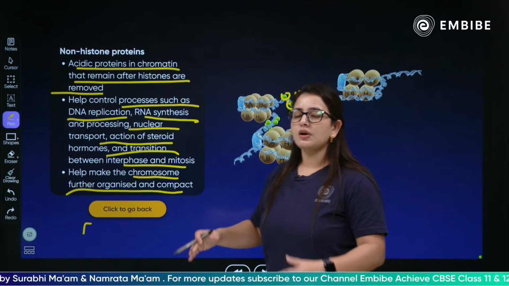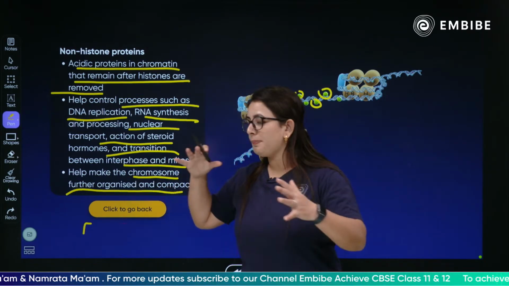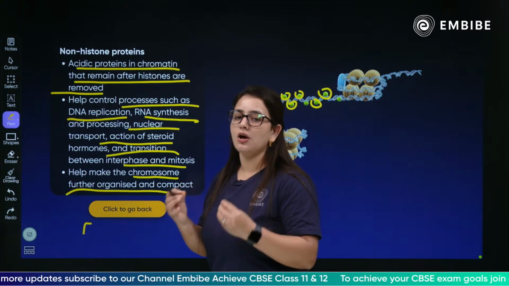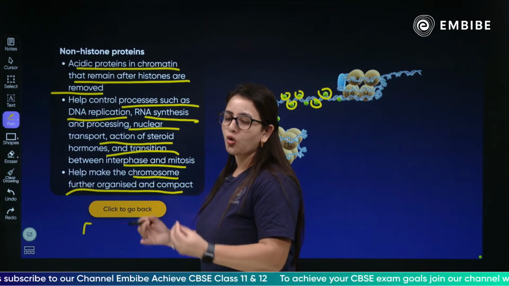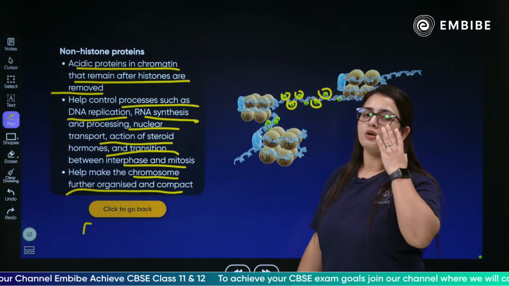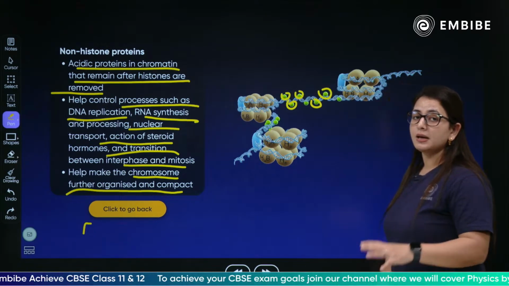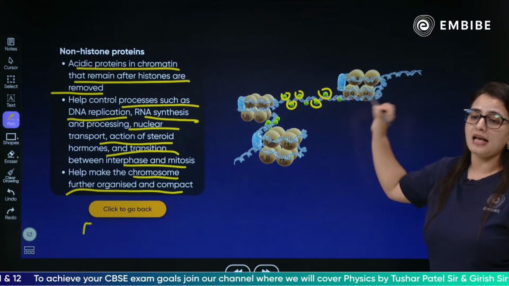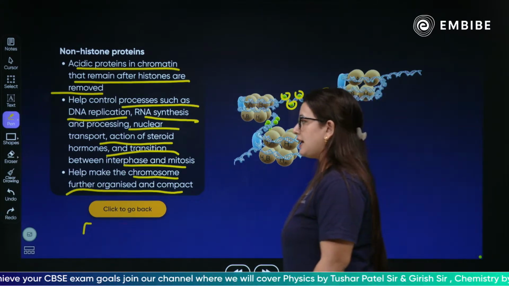They also help in making a more compact and organized structure, the chromosome. So non-histone proteins are extremely important, remain attached to the DNA, and are acidic in nature. Clear?